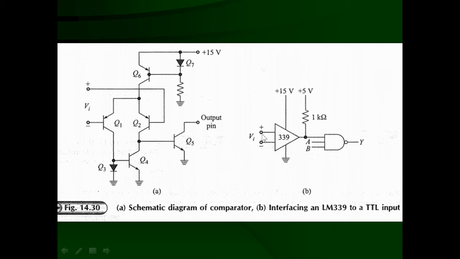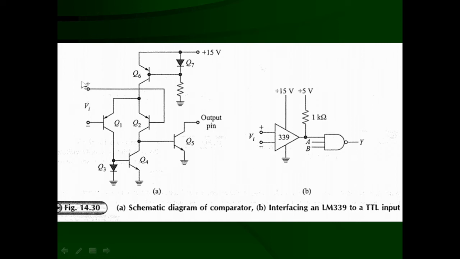If this is more positive, this is working with the plus 15 volt, and this is your Q5 transistor, which is an open collector transistor, and the collector is open, which cannot work unless you connect a pull-up resistance like this one. So the output of the LM339, that is this pin, should be connected to the lower end of the pull-up resistance, and the upper end of the pull-up resistance should be connected to plus 5 volt because we want to drive a TTL input.